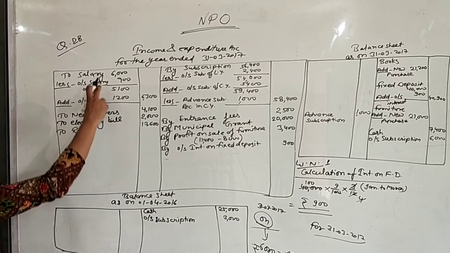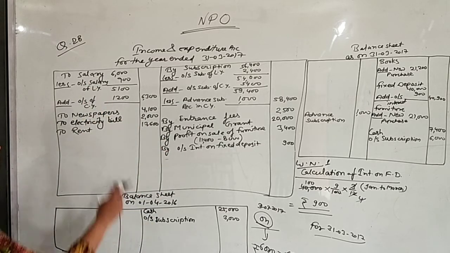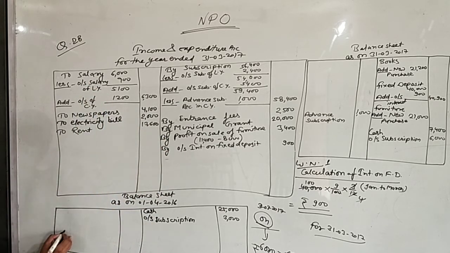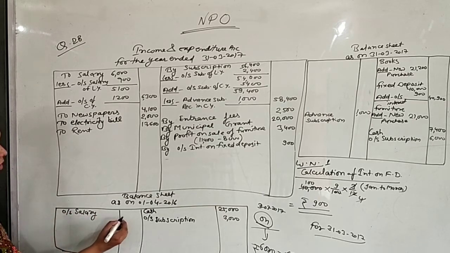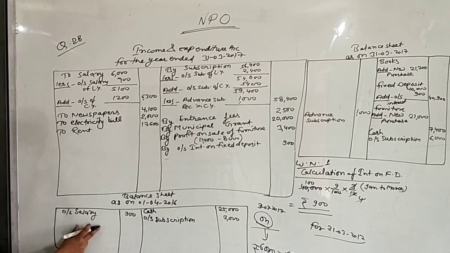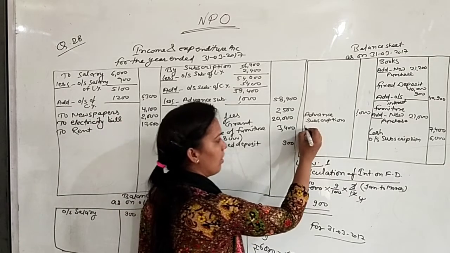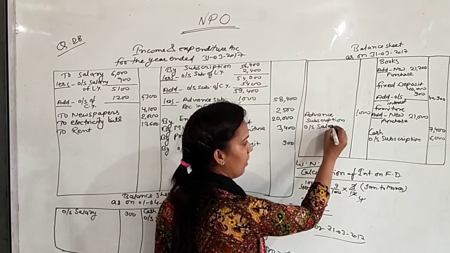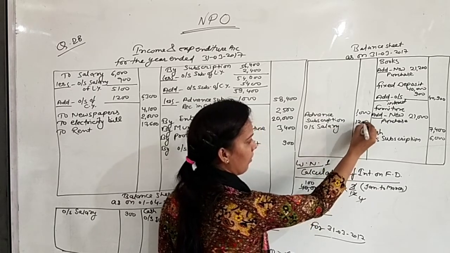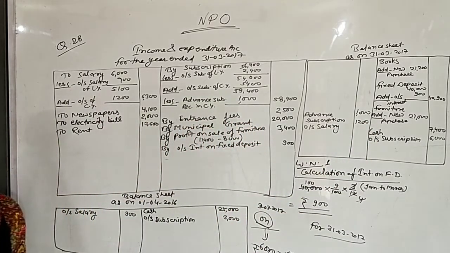The same posting will be shown in the balance sheets. Outstanding salary, show here 900, this is of last year, and the current year's outstanding salary 1,200. This was about salary.